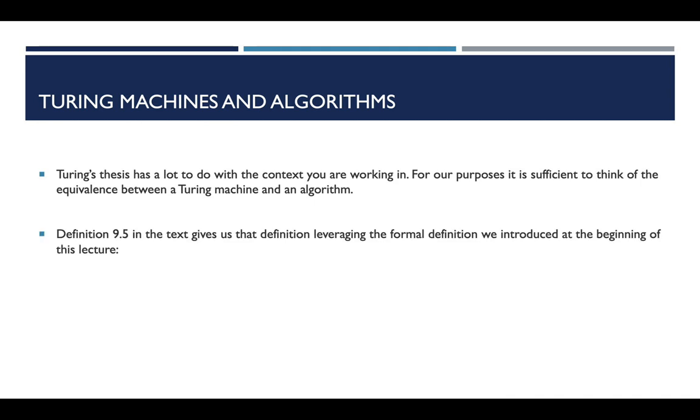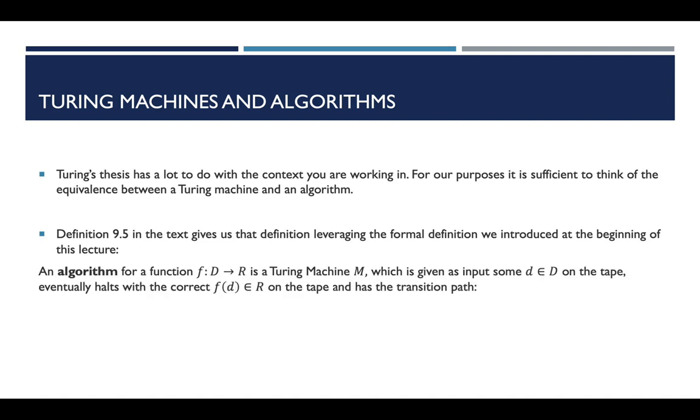Definition 9.5 in the text, on page 248 of my version of the textbook, gives us exactly the sort of mathematical definition of an algorithm that we need in order to make this relationship as clear as possible.